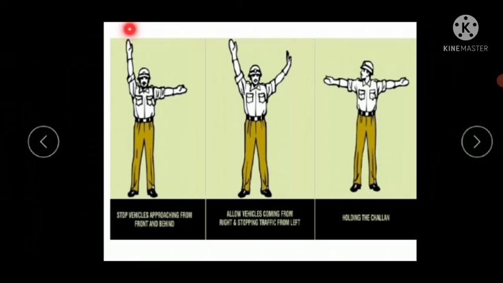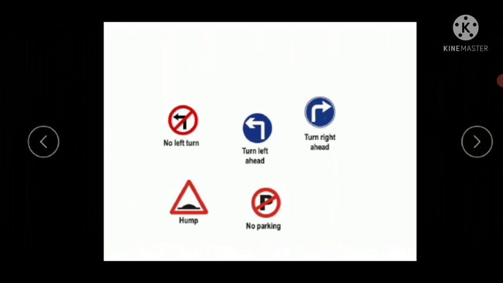This is a hand signal, and he is also showing another kind of signal like this. See, holding the vehicles, he is showing this type of signal. In traffic, in day-to-day life, in traffic signals also we are using these kinds of lines and curves.